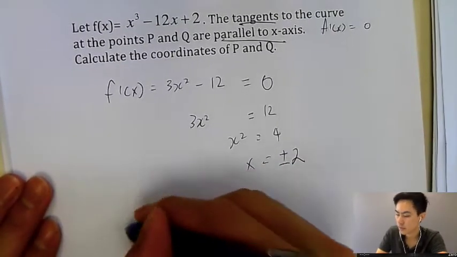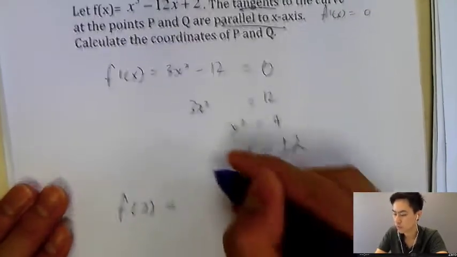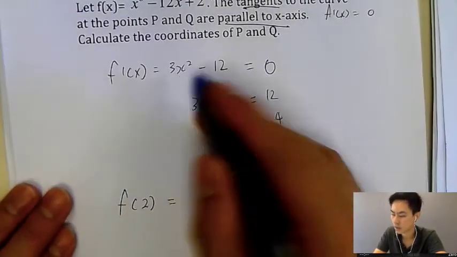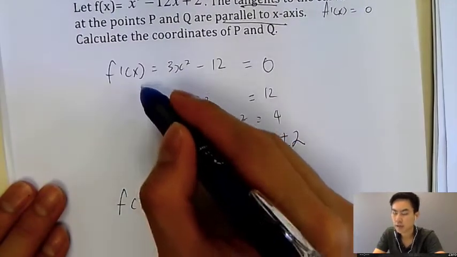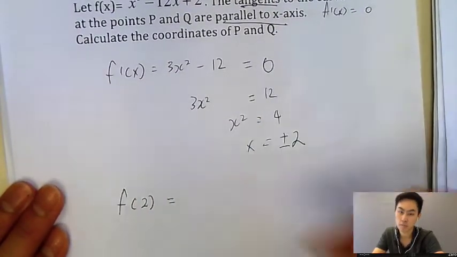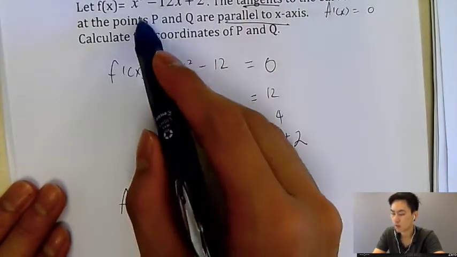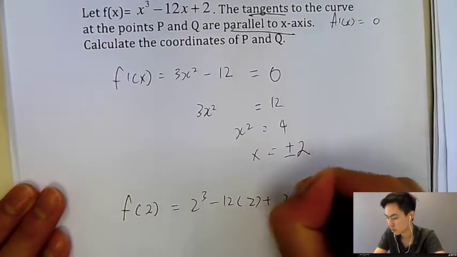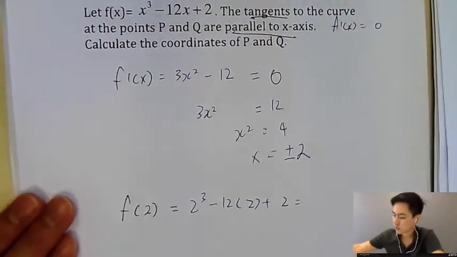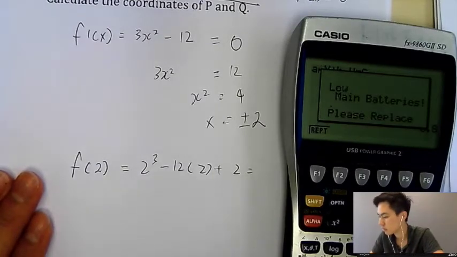So I have to sub it into the original to find the point. Sub in 2 into the original, not into f dash x. f dash x is the slope; I know that it is equal to 0 at the maximum or minimum point. But for this one you have to calculate the coordinates. So sub in 2 cubed minus 12 times 2 plus 2, and just use calculators. I have low battery.